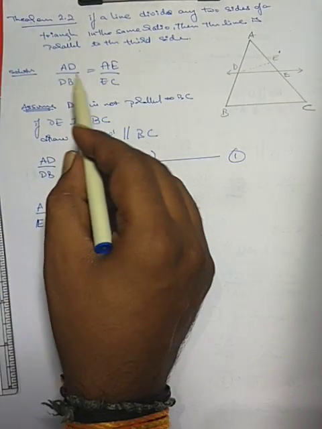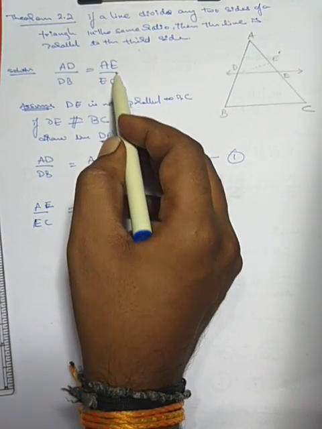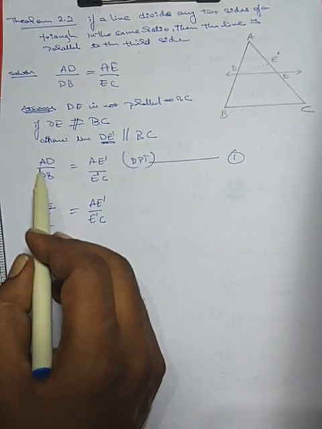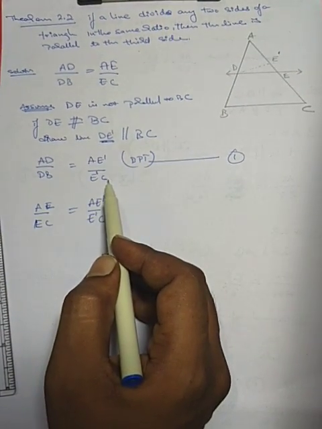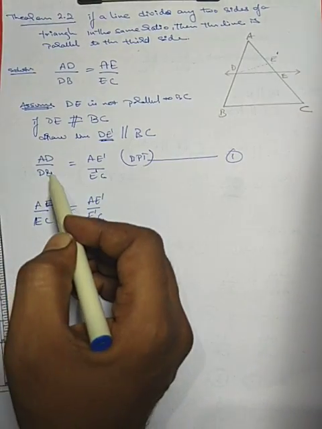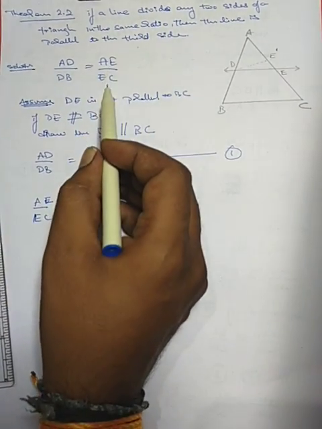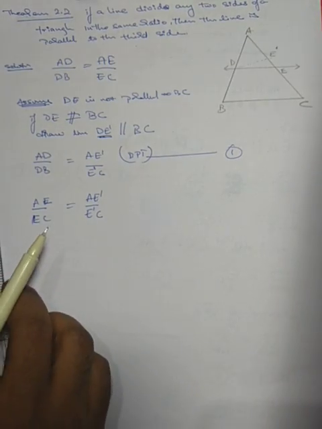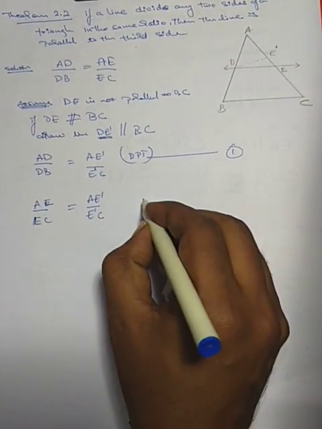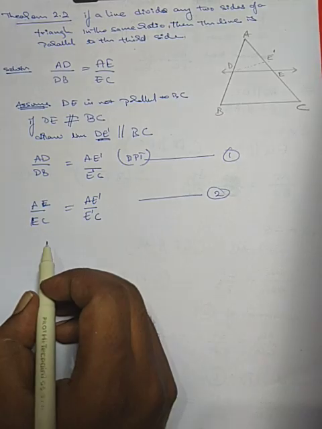Because AD over DB is equal to AE over EC, and AD over DB is equal to AE dash over E dash C. Equating these two, we get AE over EC equal to AE dash over E dash C. This is equation 2.